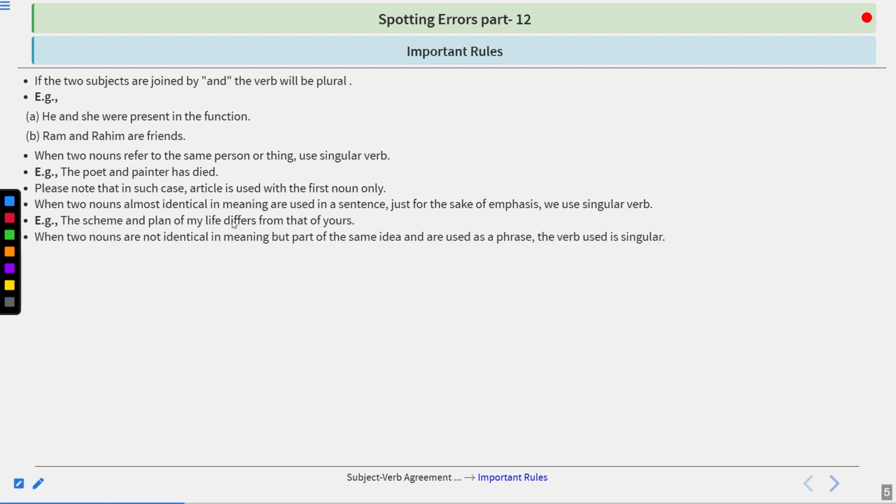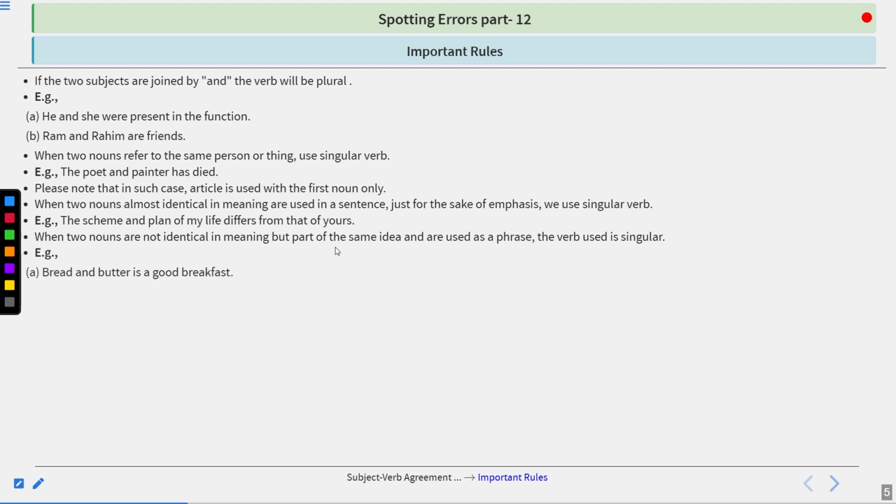When two nouns are not identical in meaning but part of the same idea and are used as a phrase, the verb used is singular. So what we have understood by reading this is that if you find two nouns and they express the same idea, you have to use singular verb.